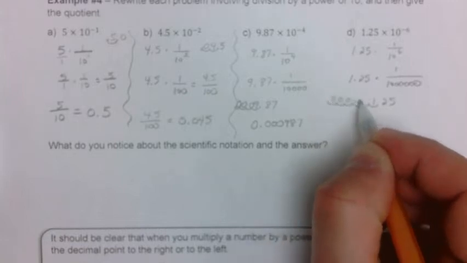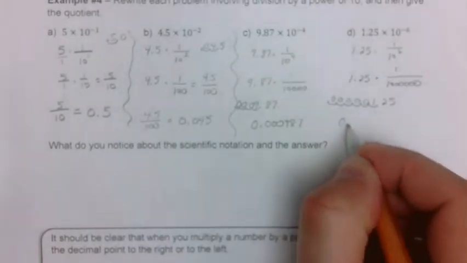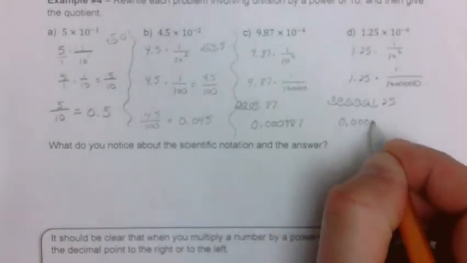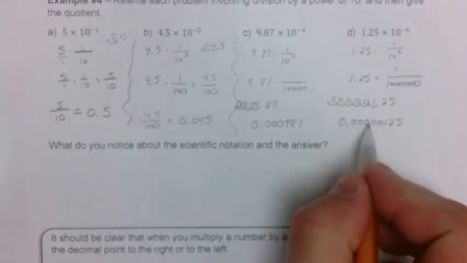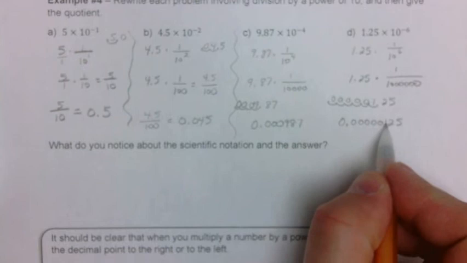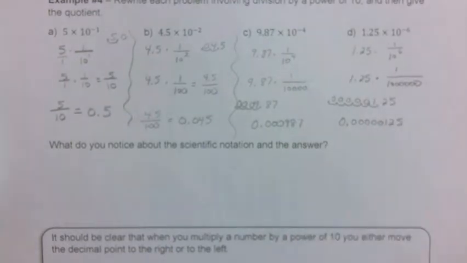Fill in with all of those zeros. So we have 5 zeros after the decimal, 0.00000125: tenths, hundredths, thousandths, ten thousandths, hundred thousandths, millionths, ten millionths, hundred millionths. This is 125 hundred millionths.